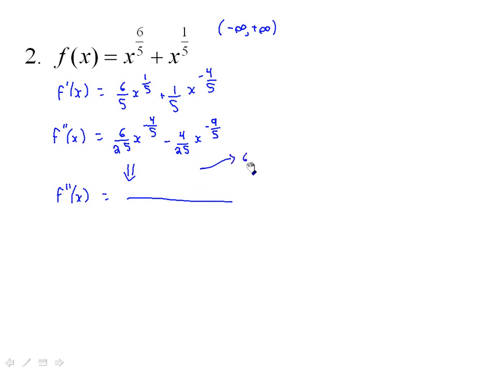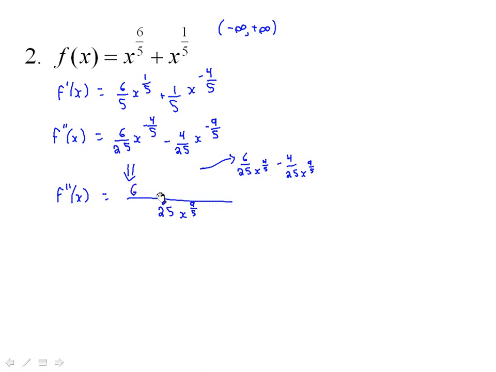This could be written as 6 over 25, and then that's x to the 4/5 on the bottom, minus 4 over 25 again, and this time we have x to the 9 over 5 on the bottom. So when we get a common denominator, the 25 will be there, the x will be there, but it's a matter of getting the right exponent for it. And the exponent would be 9 over 5. So we can bring that 4 over 5 to 9 over 5 pretty easily.